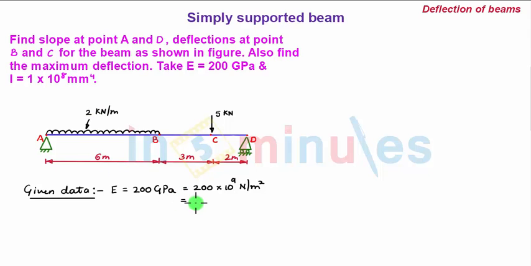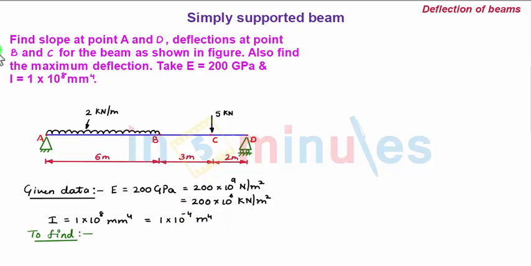So we have 200 into 10 to the power 6 kilonewton per meter square. Also the moment of inertia I is given as 1 into 10 to the power 8 mm to the power 4, which is equal to 1 into 10 to the power minus 4 meter to the power 4.